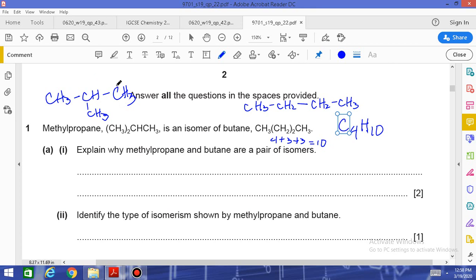The chain consists of a branch or alkyl. So butane is straight chain while methylpropane is branch chain.